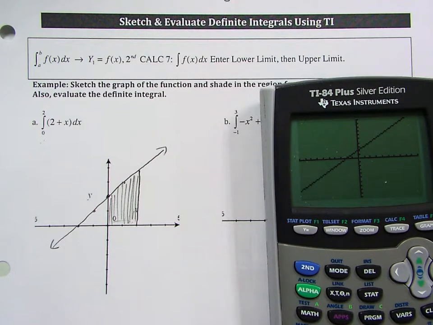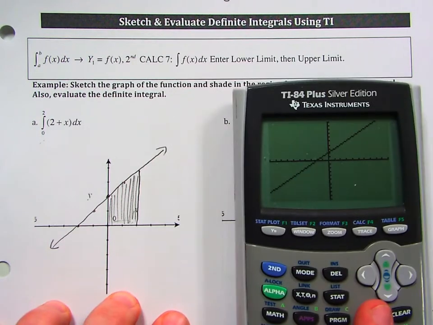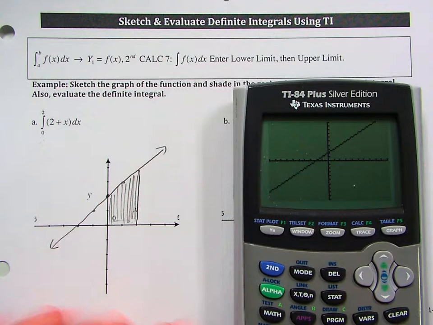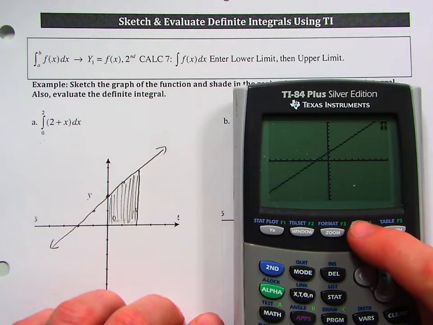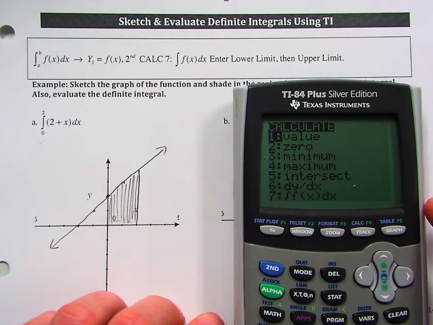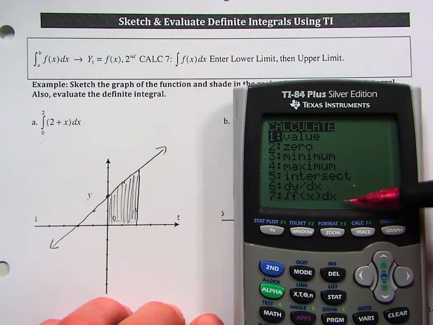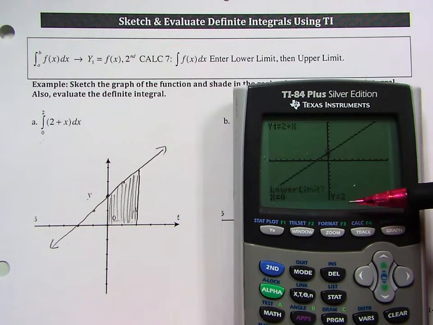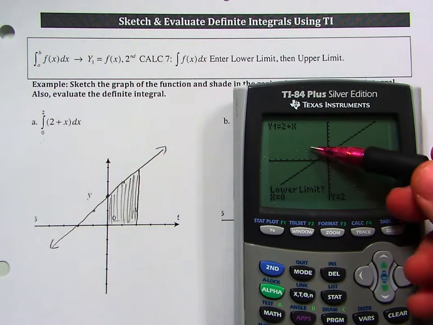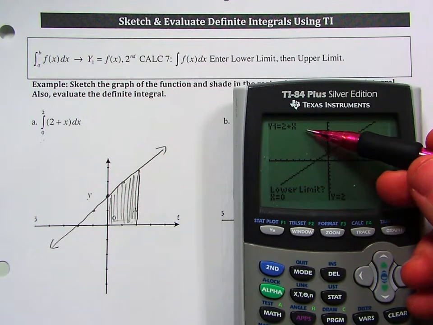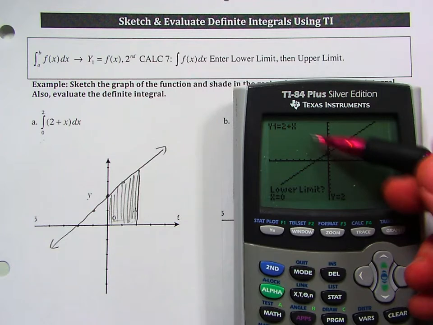For the calculator, we can also evaluate this right here. We go second, calc, and then we want the integral of f of x dx, so we just push 7. It asks us for our lower limit, and you can see which function we're on right here, so you can do multiple functions at the same time.